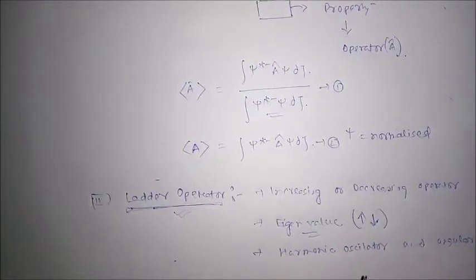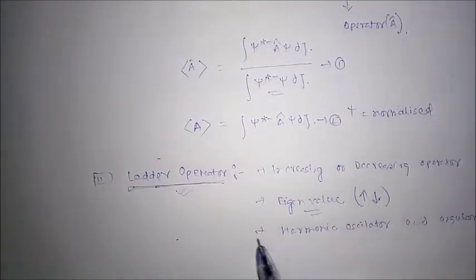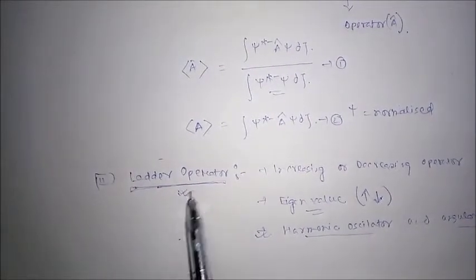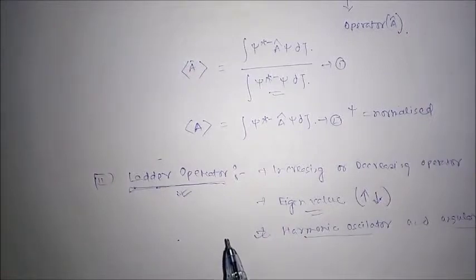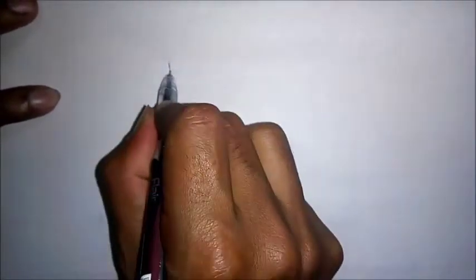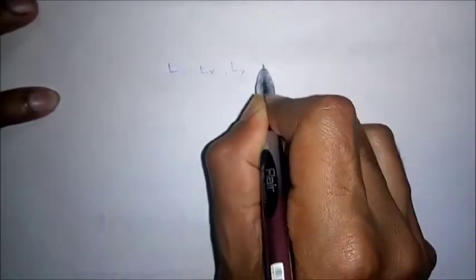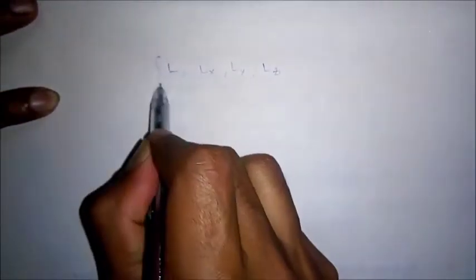Okay, in these two fields, this ladder operator has its application. So we'll see angular momentum. Suppose the angular momentum of a system is given by L. Okay, this is the angular momentum, and it has three Cartesian components Lx, Ly, and Lz.